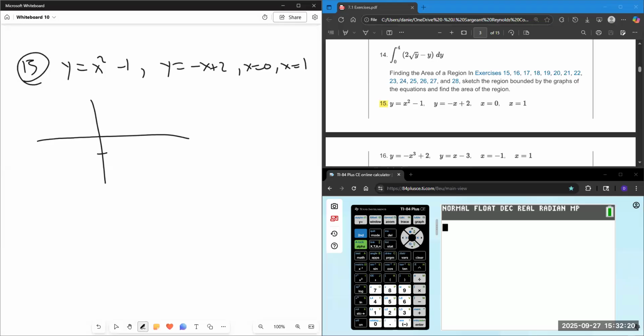So x squared minus 1, and -x plus 2, and we're only looking from 0 to 1.